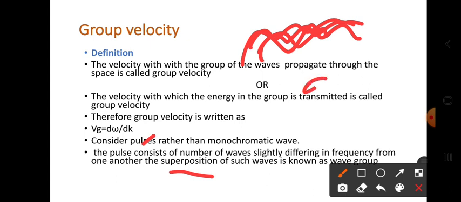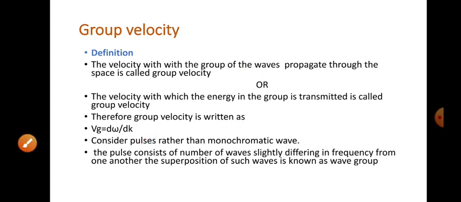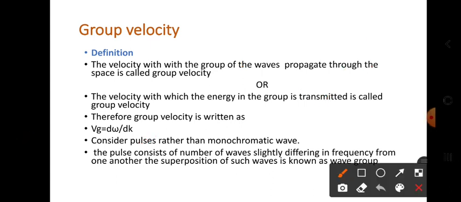So that is a group of waves, right? When they mix, they form a group of waves. Their velocity is the group velocity.